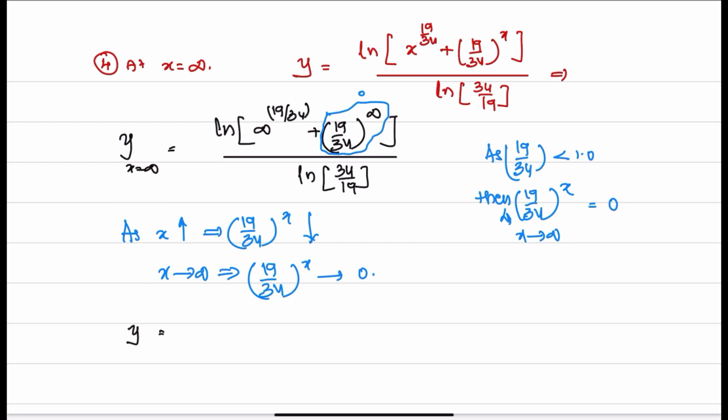y is equal to ln of x to the power of 19 by 34, that will be there, whole divided by ln 34 by 19. If x tends to infinity, then y also increases.